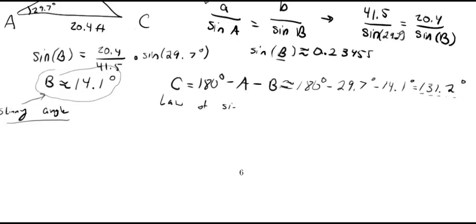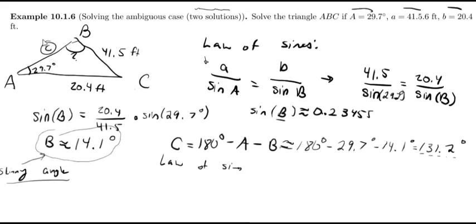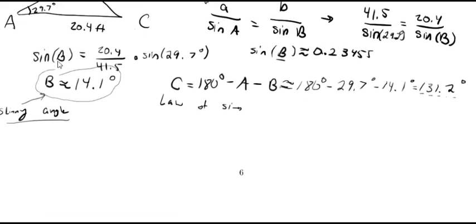In the interest of saving time, I'm just going to say that we will use the law of sines again to find out what this missing side is. What is this missing side of my triangle? That side c. I could just choose whatever I want to fill this in as long as I have the c inside of it.